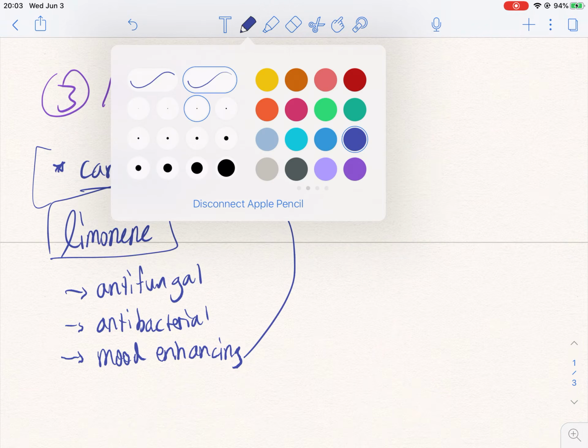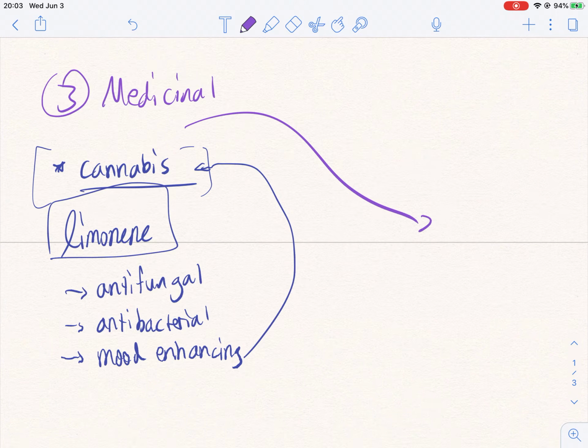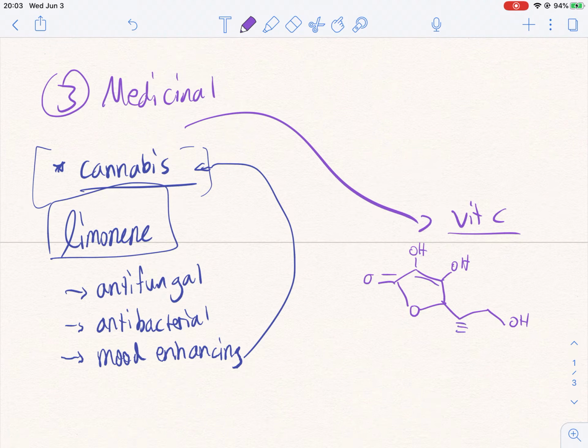Another medicinal factor in lemons is good old vitamin C. I'm going to draw vitamin C out for you guys. We have all been told we gotta get our vitamin C, but why? Why is vitamin C so important?